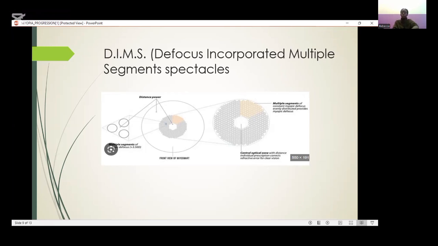If you look at the first figure, when you view this lens from the front, you will actually not see these small myopic defocus segments. You're going to see a flat lens, but you'll be able to know that this is the technique that is used to make the lens work. Yeah, let's have the next slide.